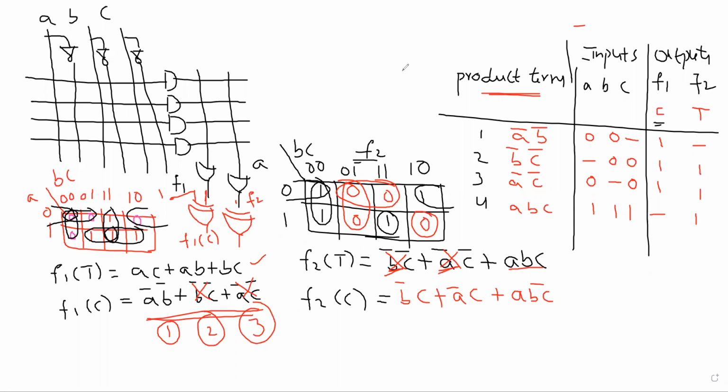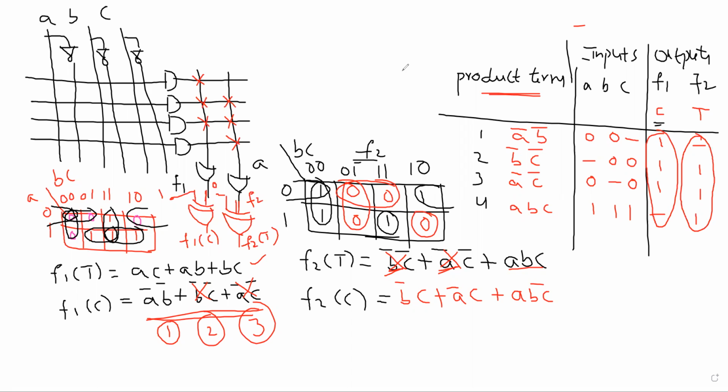To get a true form, this should be connected as it is and the other input should be given as 0. Now it becomes f2 in true form. Now f1 is connected to the first 3 product terms, 1 2 3, the last one is not connected, as per the programming table. In f2, the first one is not connected, the remaining 3 are connected like this.